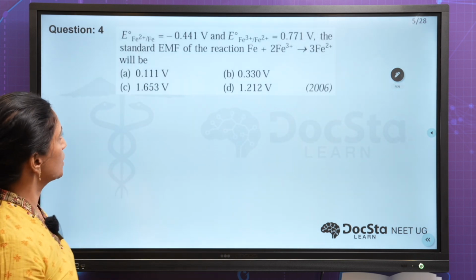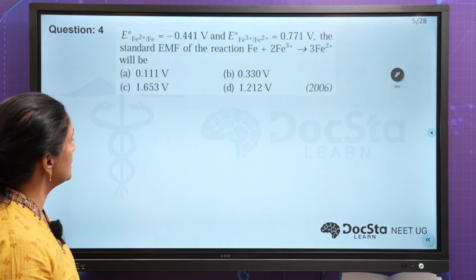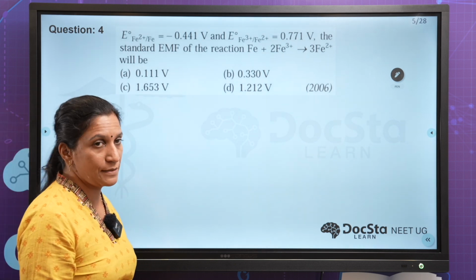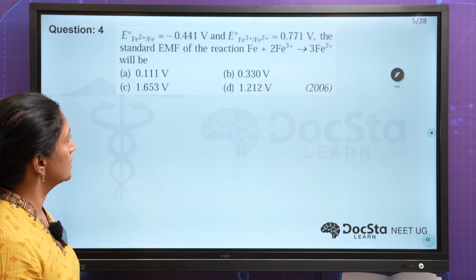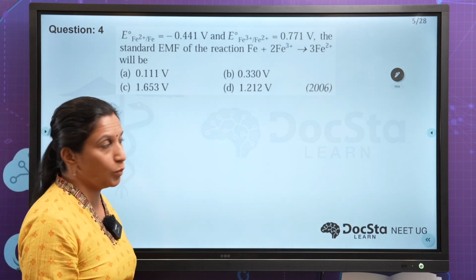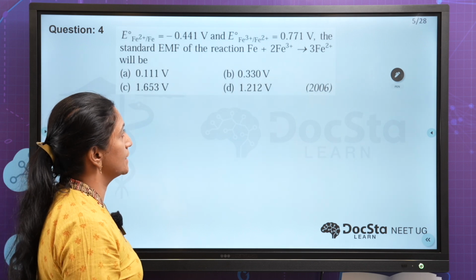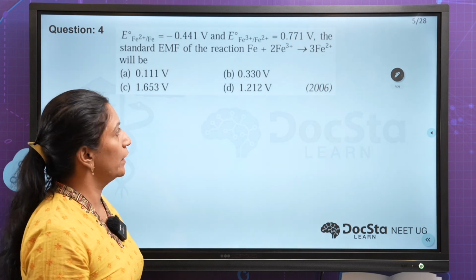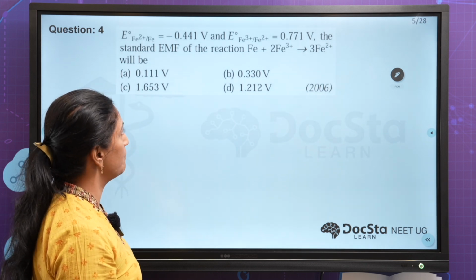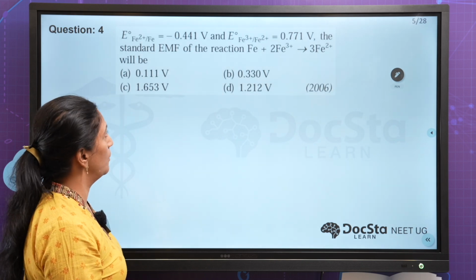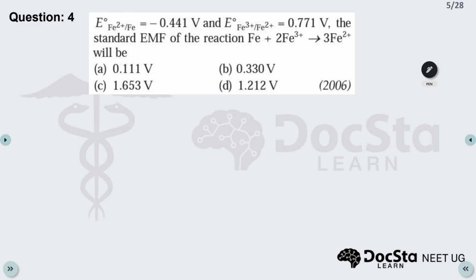Now coming to the next question, here we find that the E0 value of Fe2 plus to iron is given as minus 0.441 volt and E0 Fe3 plus bar Fe2 plus is given as 0.771 volt. The standard EMF of the reaction. You are given a particular reaction and you are asked to find out the standard EMF of the cell.